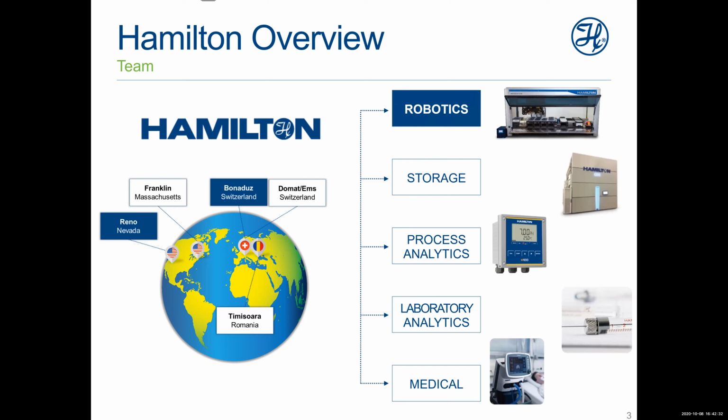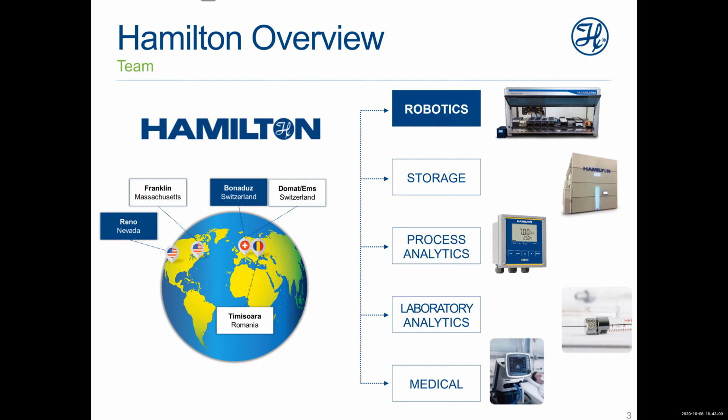Hamilton Robotics, which is specialized in the manufacturing of liquid handling instruments, both for OEM and for direct sales. This webinar is focused on the products and services for this particular business unit. But we also have Hamilton Storage, which manufactures ultra-low temperature and automated sample management systems, as well as small devices for capping and decapping.